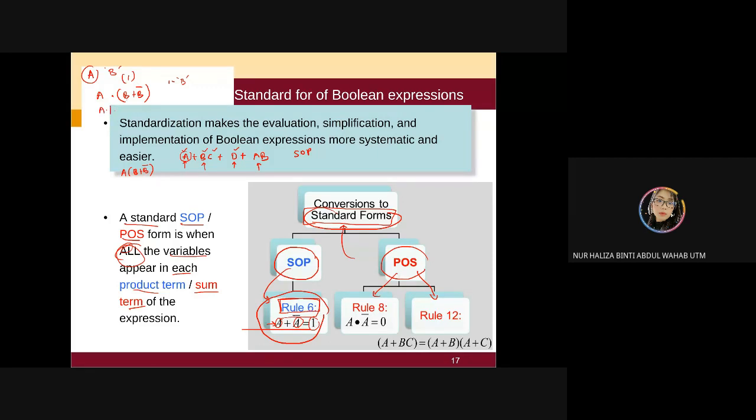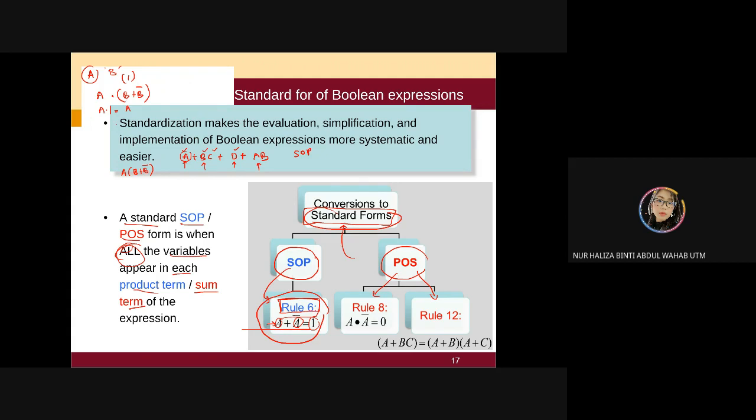A multiplied by 1, you're going to get A also. Similarly, 7 multiplied by 1, you will get 7. 100 multiplied by 1, you will get 100. So any variable, if you multiply with 1, you get the same value. So that's why you multiply with 1.